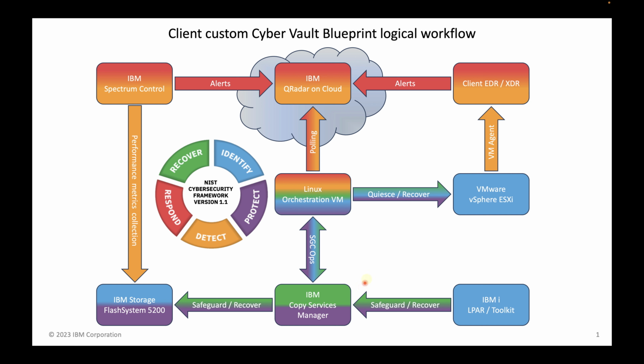But they also wanted to still have security integrations, and they wanted something similar to the safeguarded copy toolkit for VMware to orchestrate the automatic quiesce and safeguarding of their VMs, as well as in response to an attack that was incoming, as well as recovering and cleaning up the recoveries for their VMware environment.